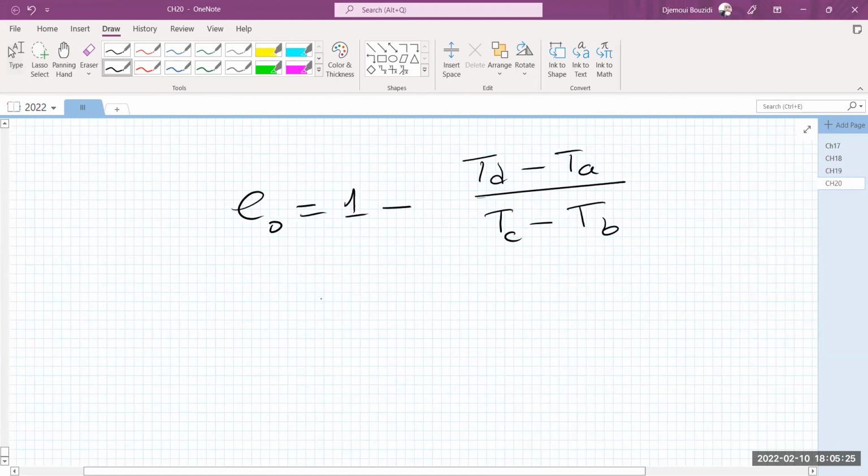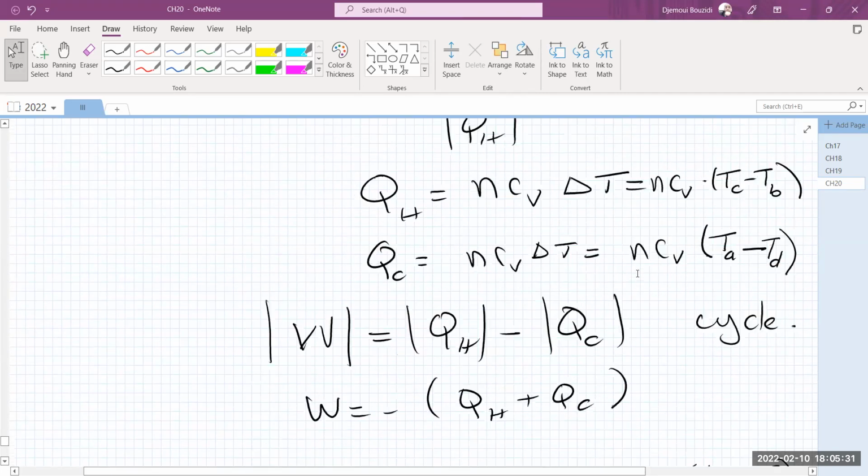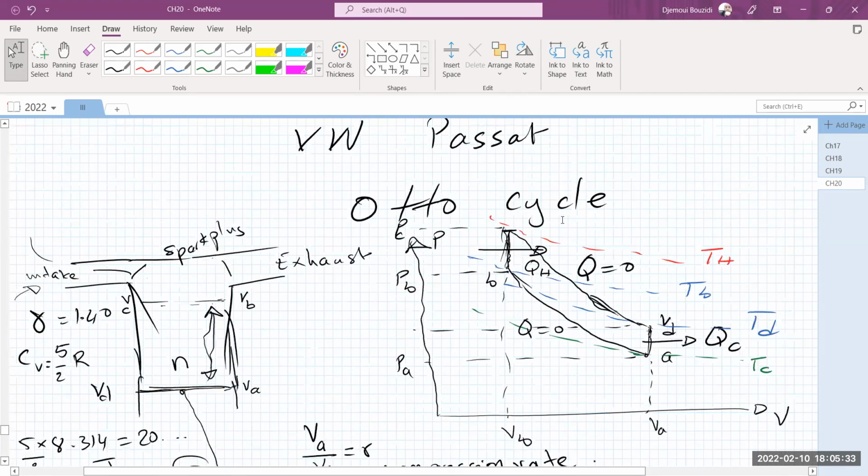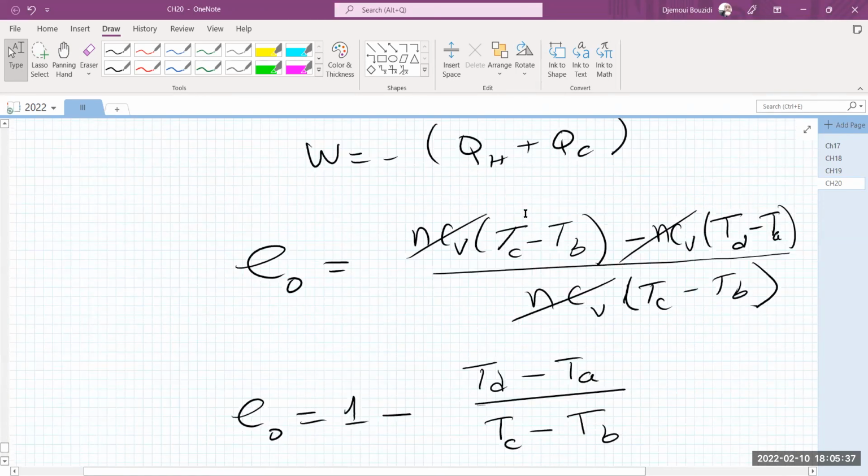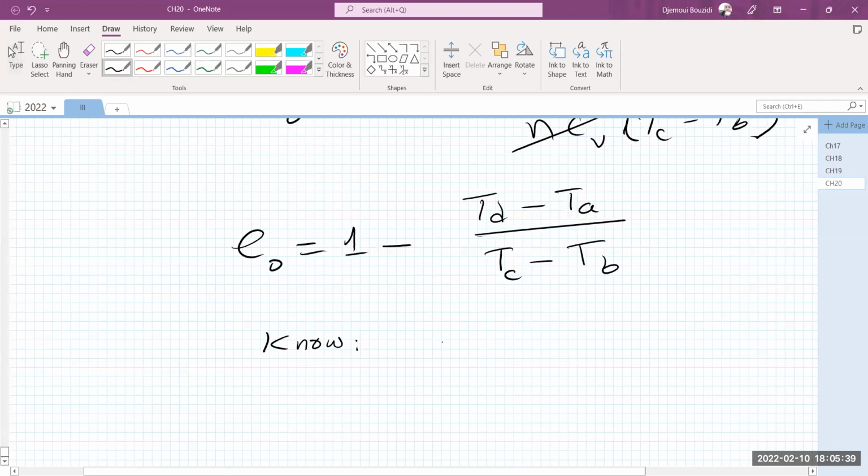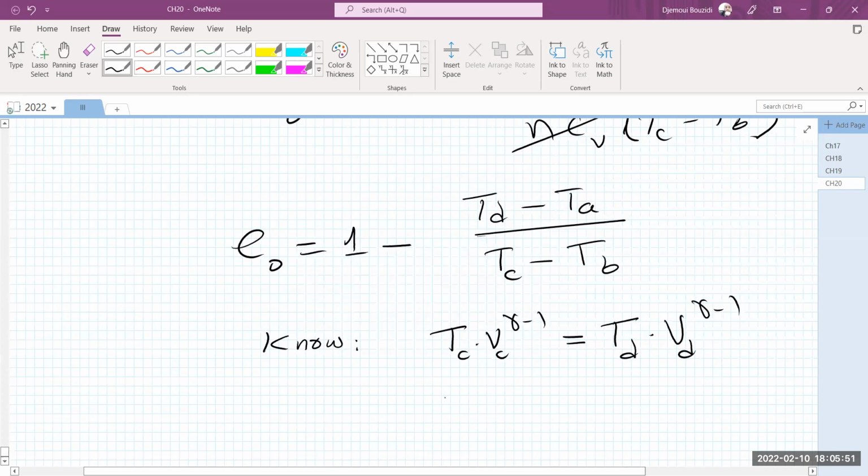Now, I know that TD and TC are related to one another by the adiabatic gas law. So we know that TC times VC to the power gamma minus 1 is equal to TD times VD to the power gamma minus 1.